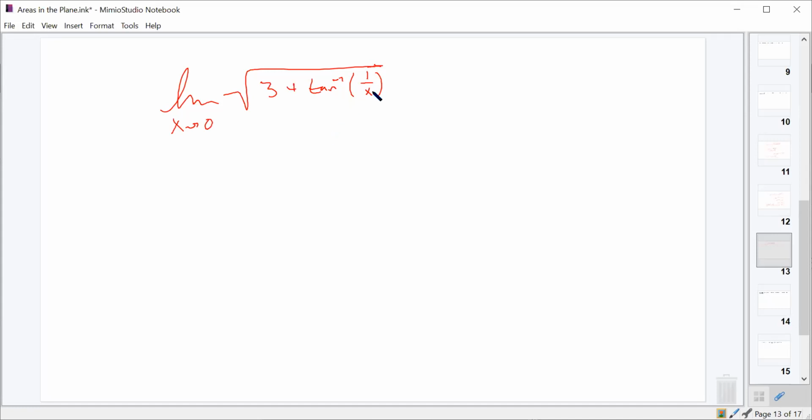But because this is just an x down here, if I approach 0 from the right, then 1 over x approaches positive infinity. But if I approach 0 from the left, 1 over x approaches negative infinity. Do you agree with that?